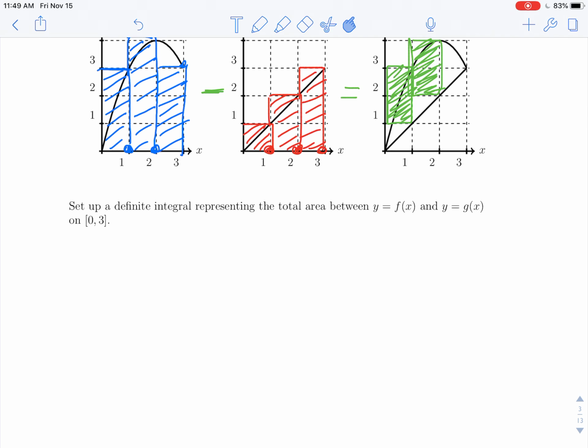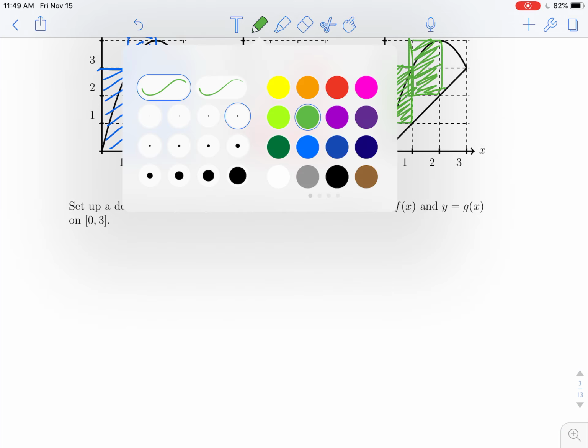So underneath the picture, the problem says set up a definite integral representing the total area between y equals f of x and y equals g of x on 0 to 3. So let's think about the Riemann sums.